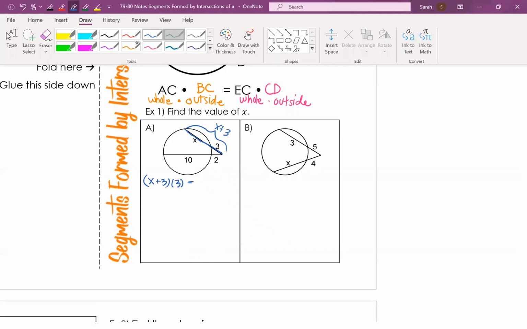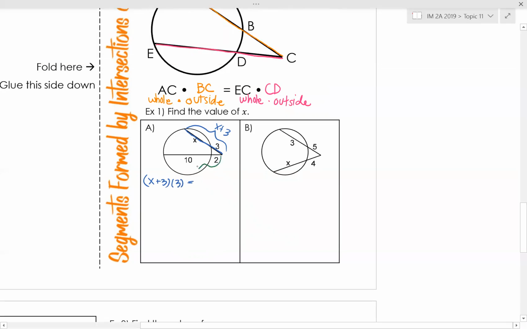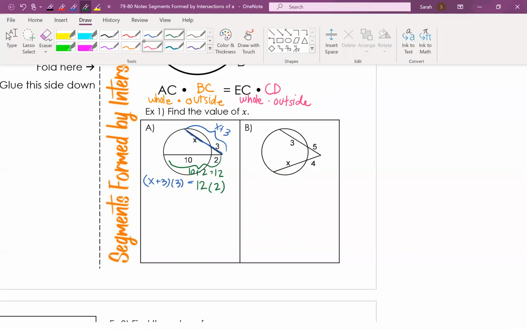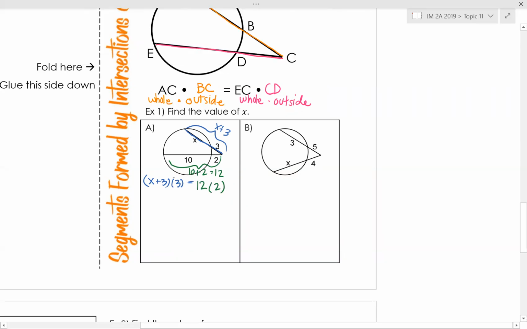If I look at the other one, the whole is 10 + 2, so 12, times the outside, which is 2. Okay, so if I need to simplify this, I have to distribute. It's always easier to distribute the single number into the binomial. So my constant times my binomial gives me 3x + 9 is equal to 24.